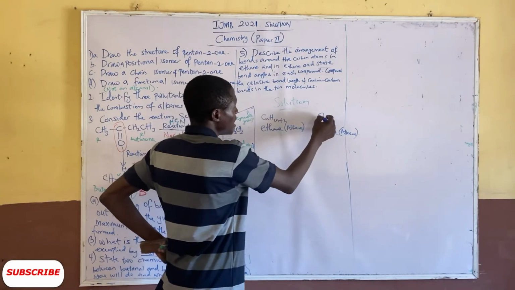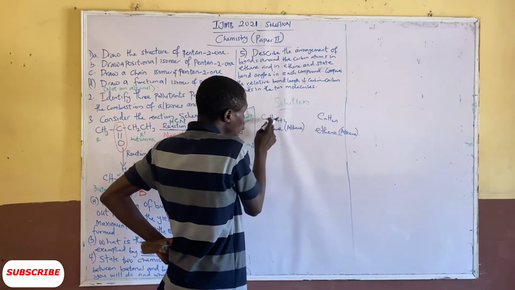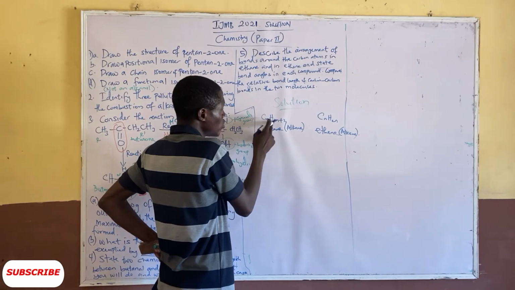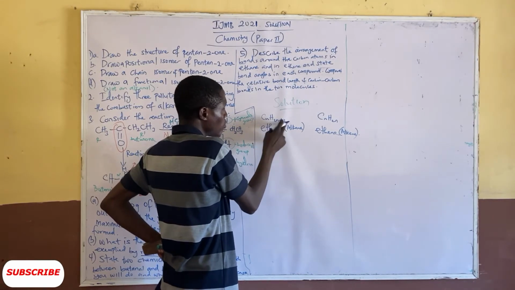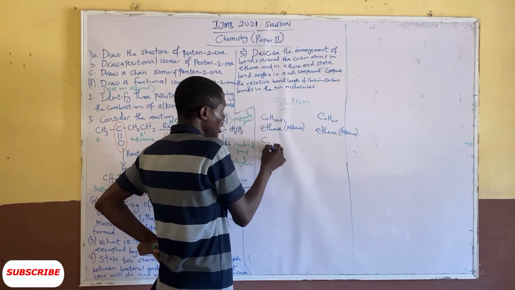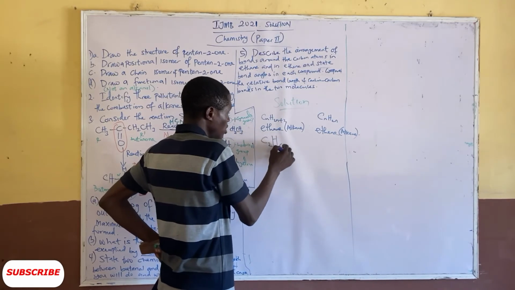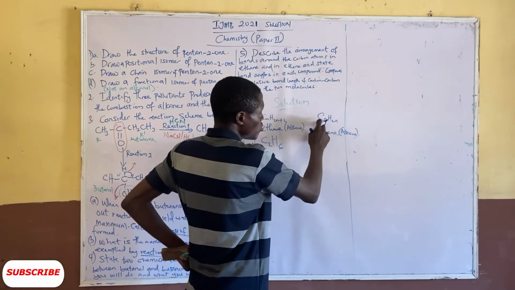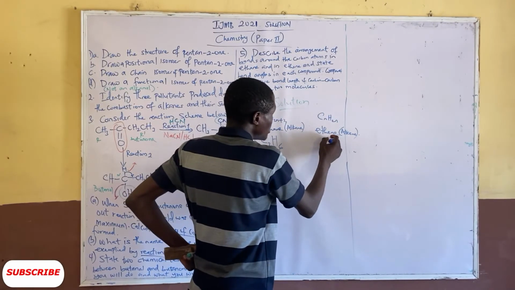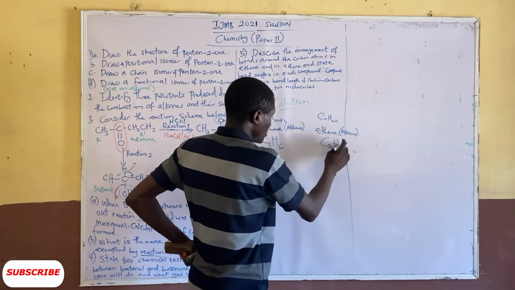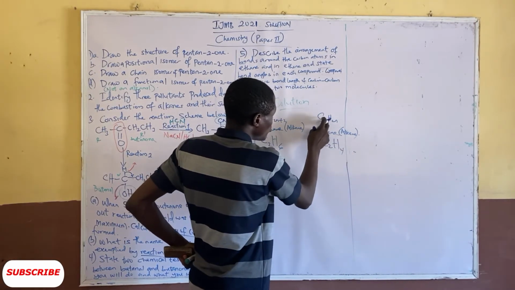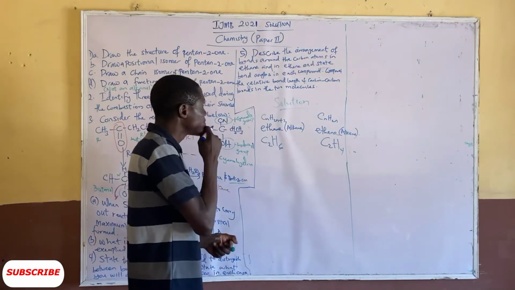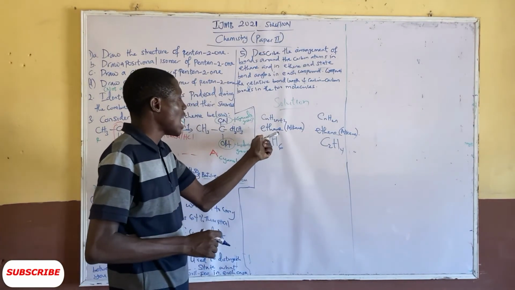When you put 2 in the alkane formula, 2 times 2 is 4, plus 2, gives C2H6. For the alkene, C2, 2 times 2 is 4, so C2H4.